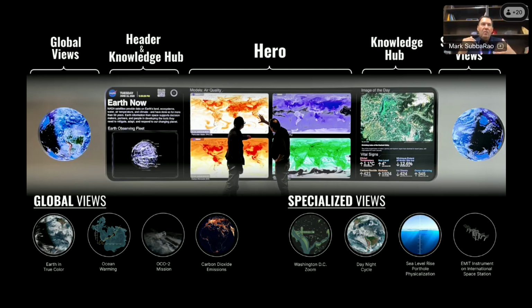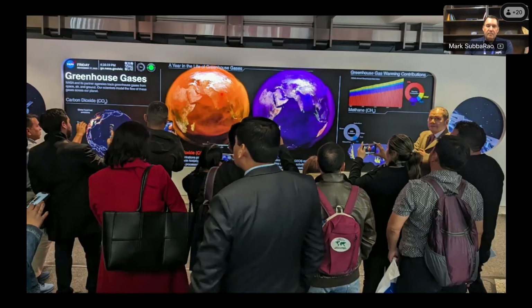For example, we have themes around biodiversity, around agriculture, around wildfires, and around natural disasters. Because of the location at NASA headquarters, it's a great place to bring people through who are visiting DC. This is a group of Latin American leaders, mayors of Latin American cities.